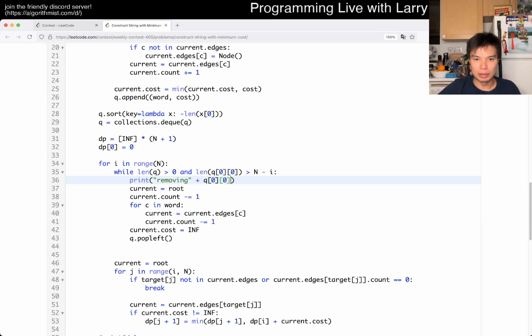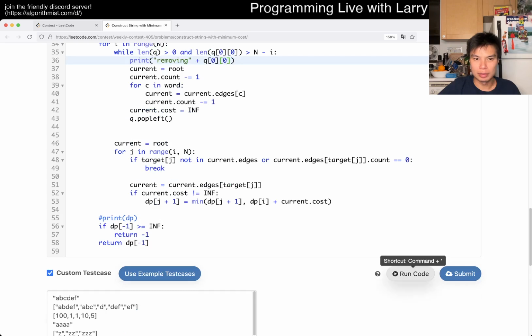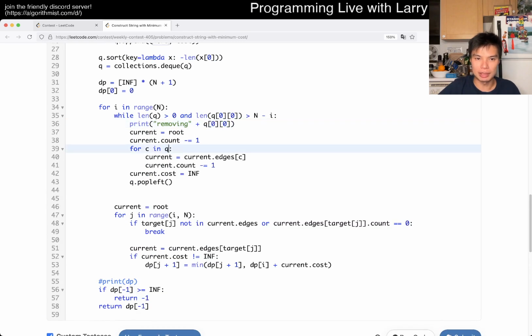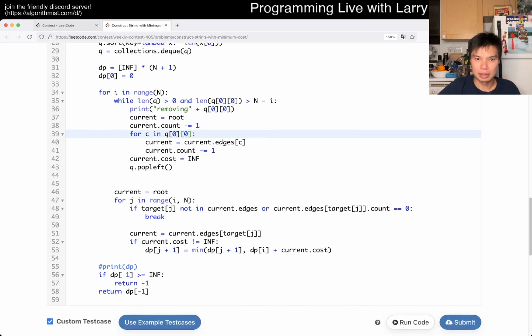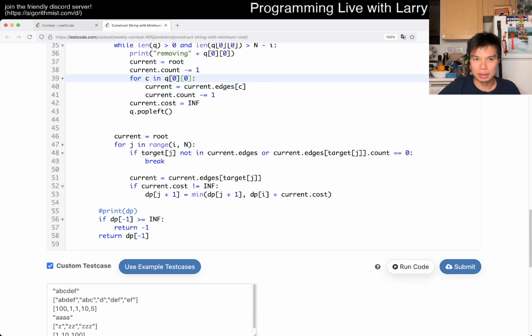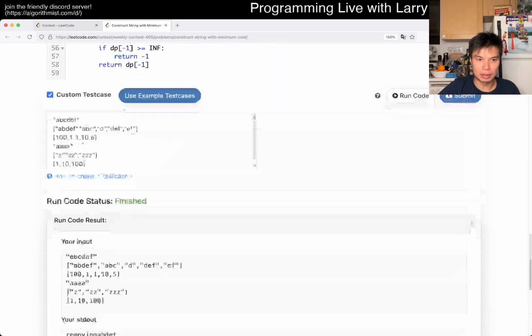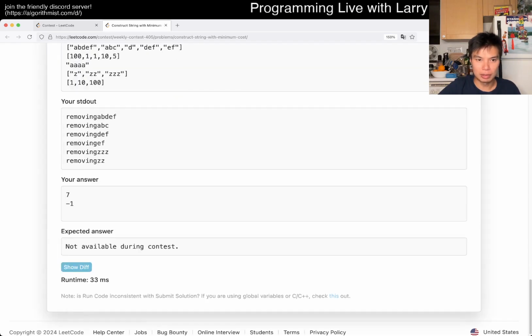Removing. Oh, that's because this word doesn't make sense. Okay, maybe now it's okay. Now it looks good.